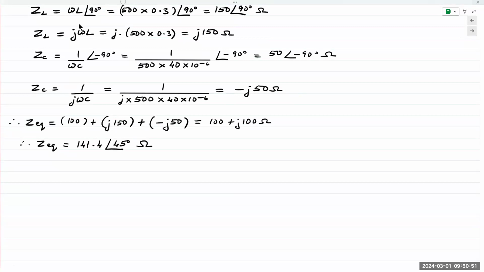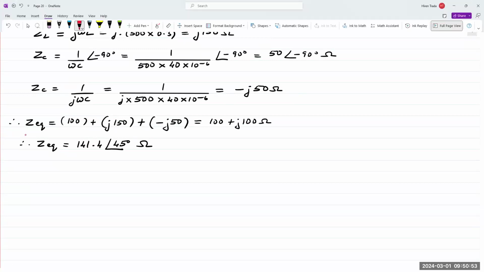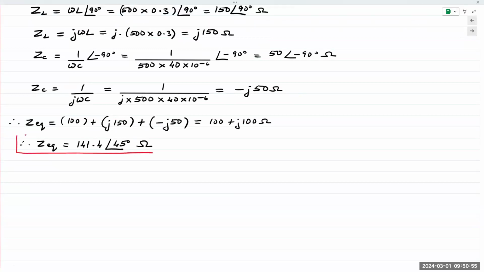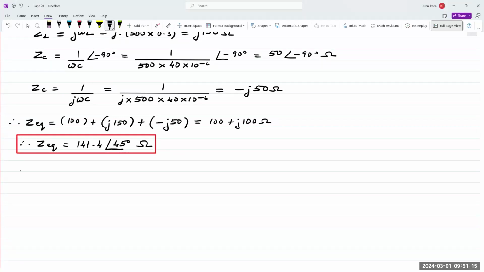Okay, so ZEQ is 141.4 with a phase angle of 45. Remember, ZEQ is impedance. It's represented as a vector, but it is not a phasor. Okay, current I can be given from Ohm's law.